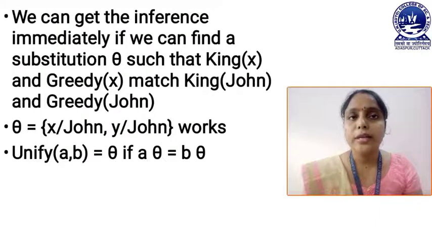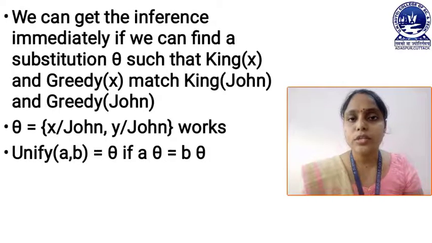Here we can get the inference immediately if we can find a substitution theta such that King(x) and Greedy(x) match King(John) and Greedy(John). That means the substitution theta is that the variable x is replaced by John and the variable y is also replaced by John.